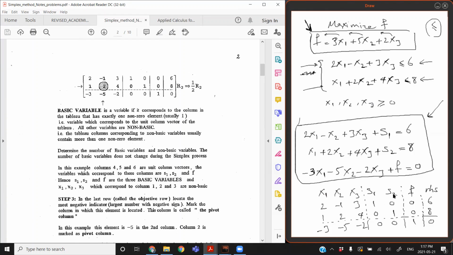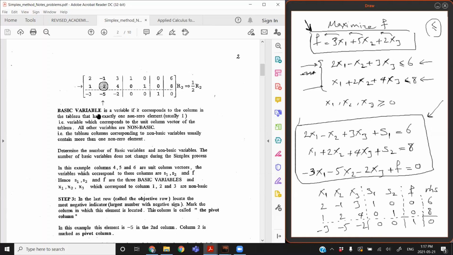The same is true for S2, the same is true for F. So at the moment, in this tableau, you have 3 basic variables. And then all the other variables are called non-basic variables. So in this initial tableau, X1, X2, and X3 are non-basic variables, and S1, S2, and F are basic variables.